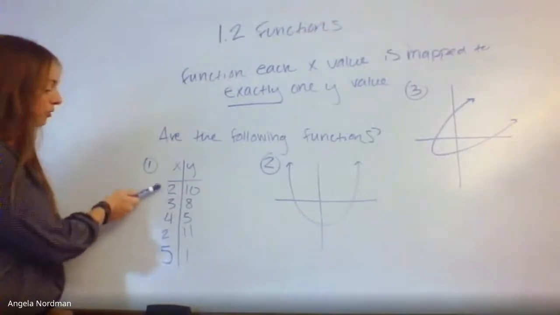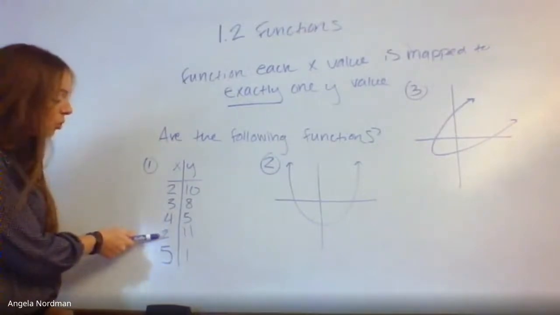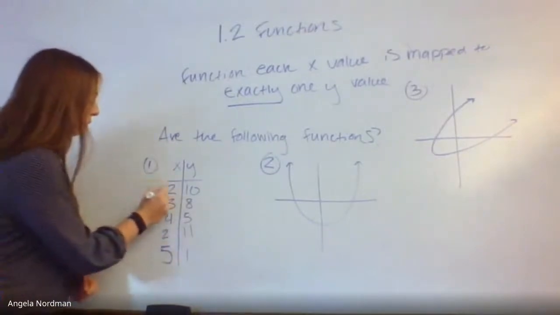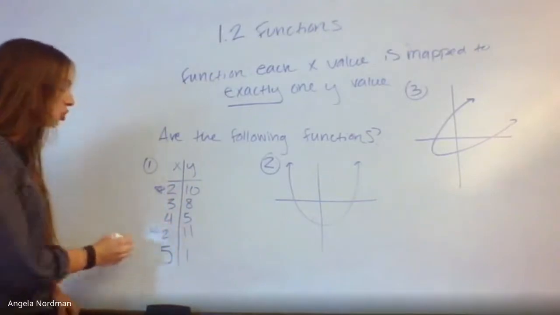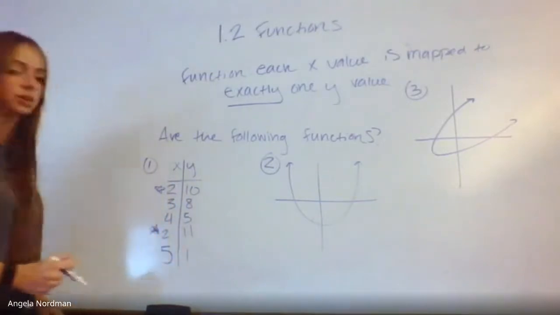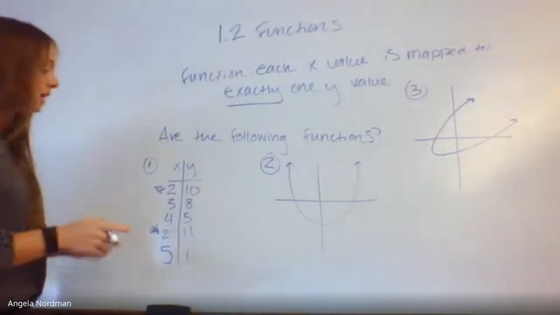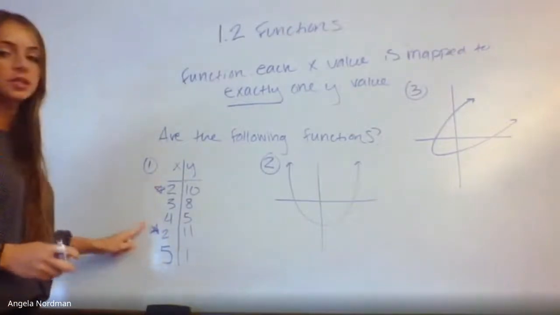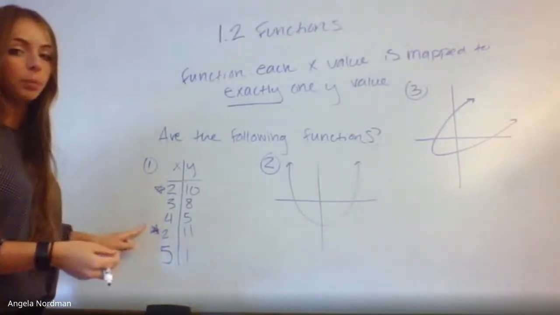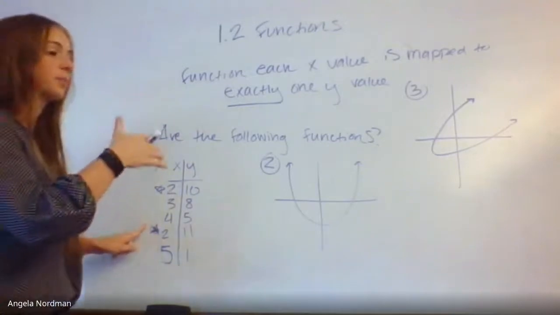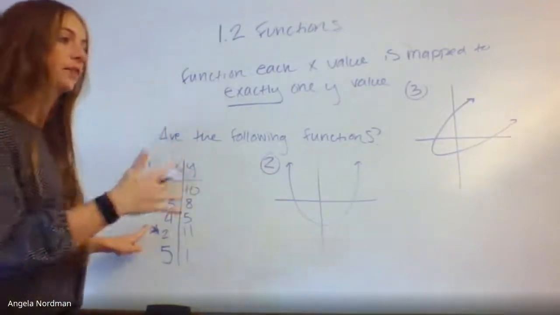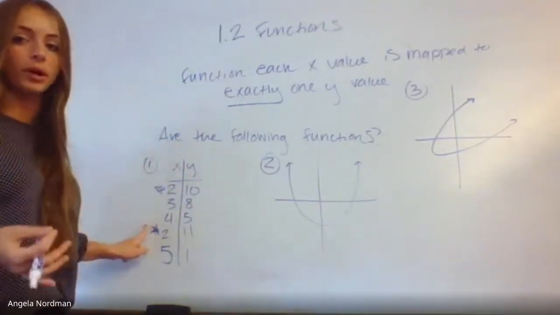So I go through, I have 2, 3, 4, 2, 5. So I have 2 x values that are the same. If these 2 inputs have the same output, meaning the 2 points were 2, 5 and 2, 5, that's the same point, so it's okay.